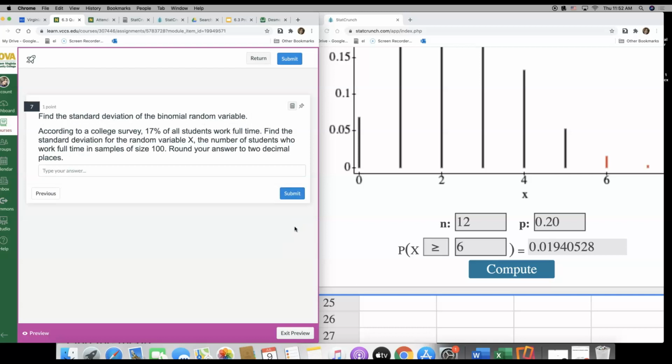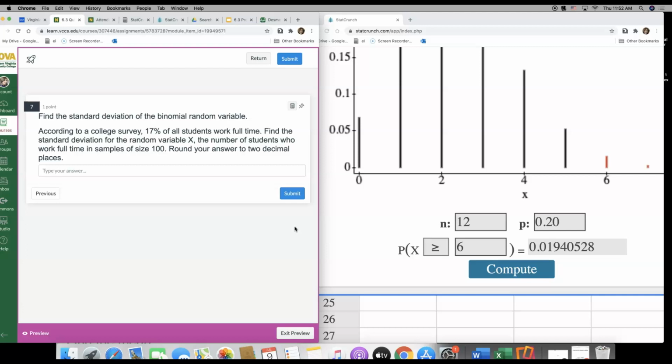Last one now. This one goes with the mean question that we did a couple of questions ago. According to the college survey, 17% of all students work full-time. Find the standard deviation for the random variable x, the number of students who work full-time in samples of size 100.